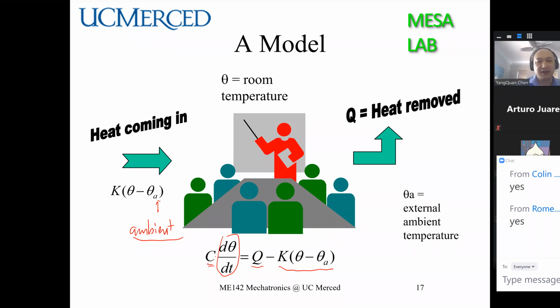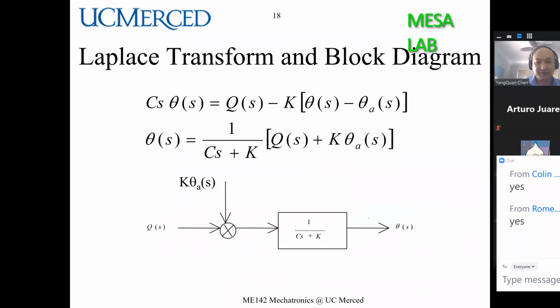And in here, the Q is the controller input. Say, for example, you have air conditioning. So in the continuous time domain, it's very simple.